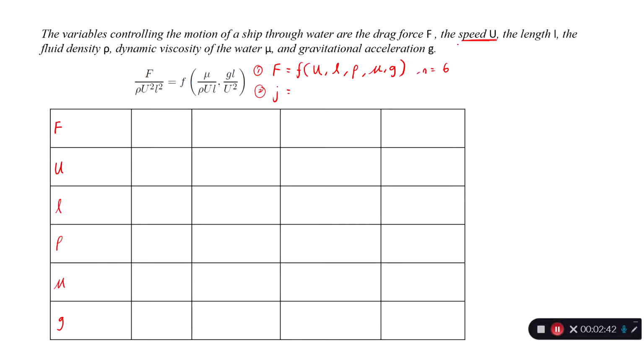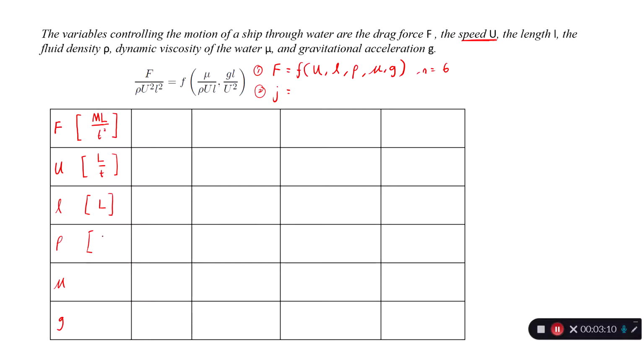Okay, so now we write the primary dimensions. Force is of course mass times length over t square, kilograms meter per second square, right? Mass times acceleration. U is length over time. Length is of course length.